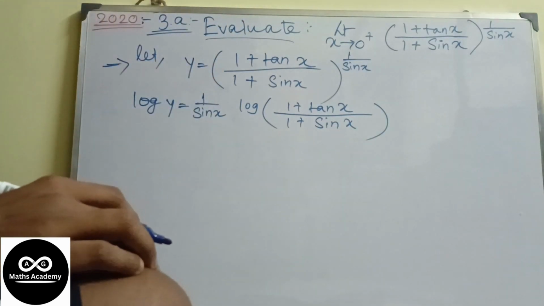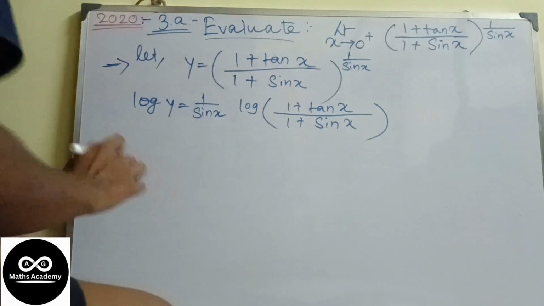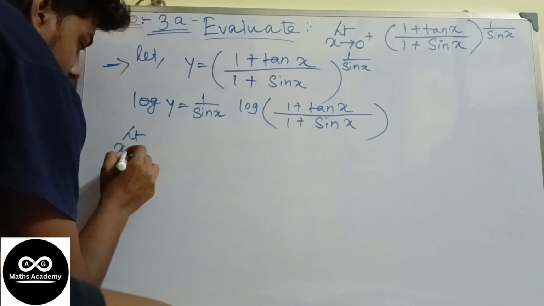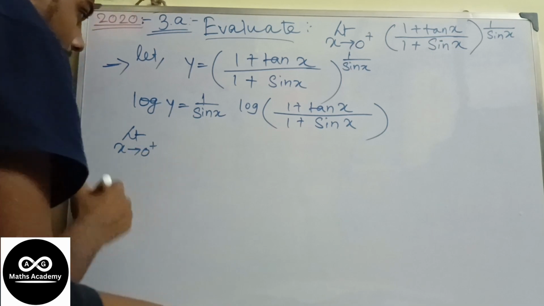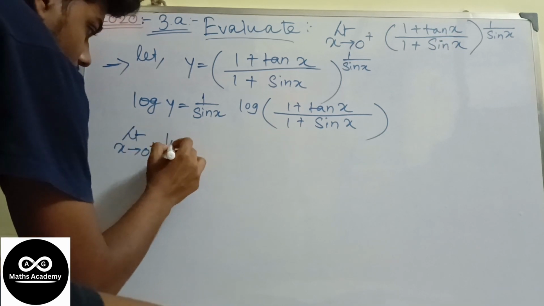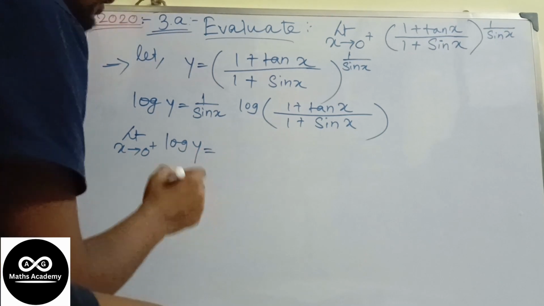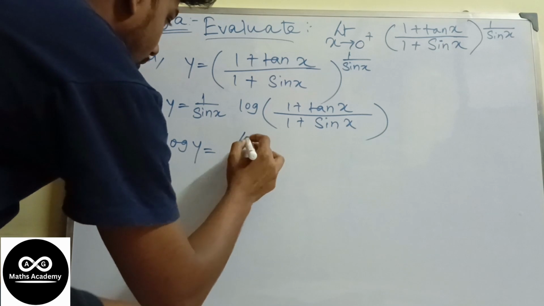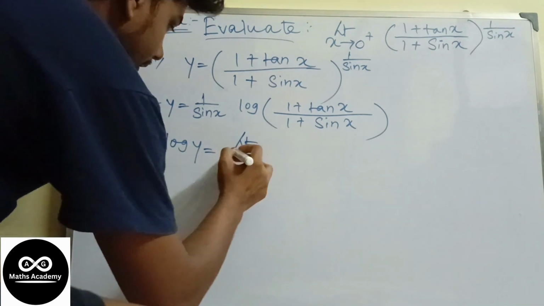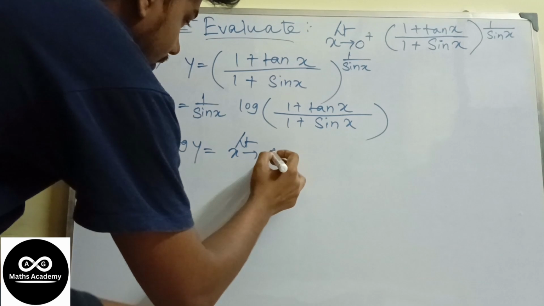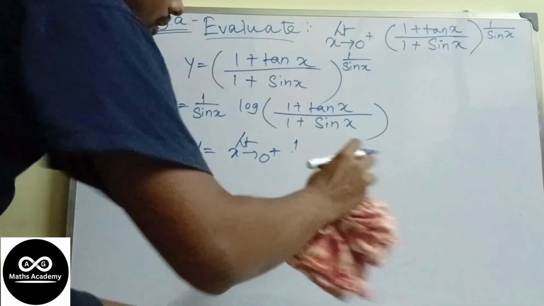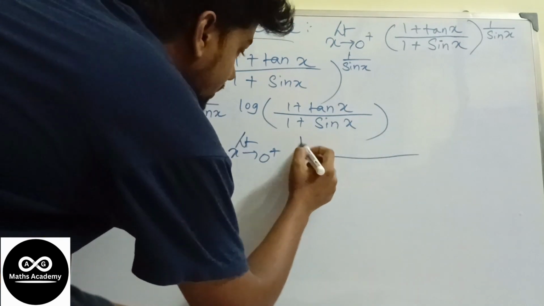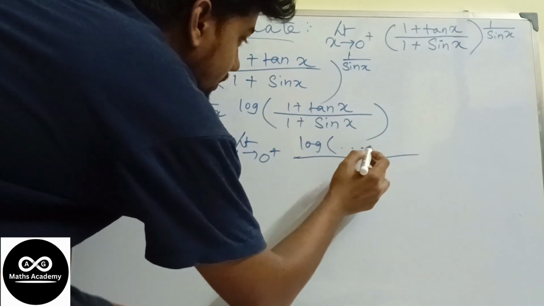Okay, now we're going to take the limit. So limit x tends to 0 plus log of y is log of limit x tends to 0 plus 1 by sin x, log of this.